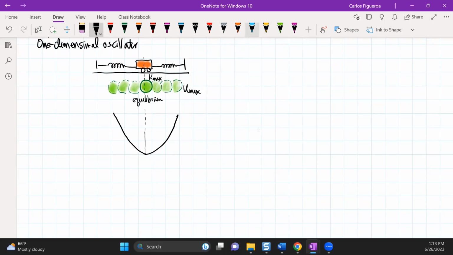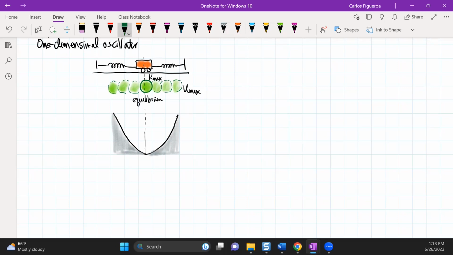There's this energy well that doesn't allow particles to move.